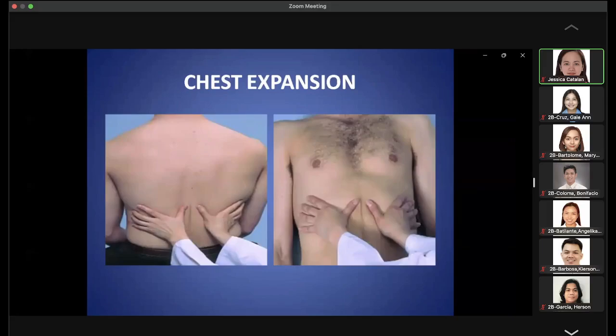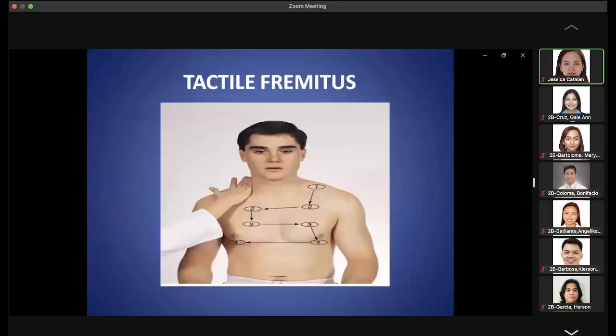So anteriorly and posteriorly, you ask the patient to take a deep breath. So inhale and exhale and observe for any signs of lagging. Tactile fremitus, okay, you ask the patient to say words, okay, and feel for the vibrations.